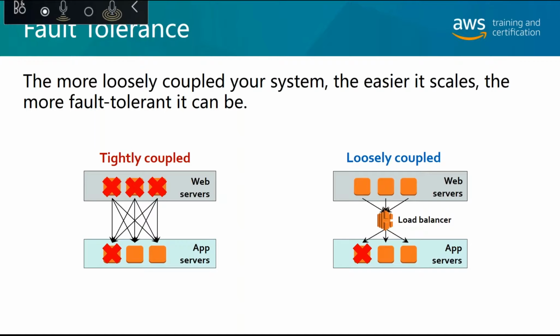So if I lose one of the app servers, or one of the web servers, it doesn't really matter, because I can scale out and scale in. I can put auto scaling on each tier, web tier and app tier. And then in between, I have the load balancer, and it's going to just send requests to whatever's available in my app tier. So if I lose one app server, I still have my other servers that are located there.